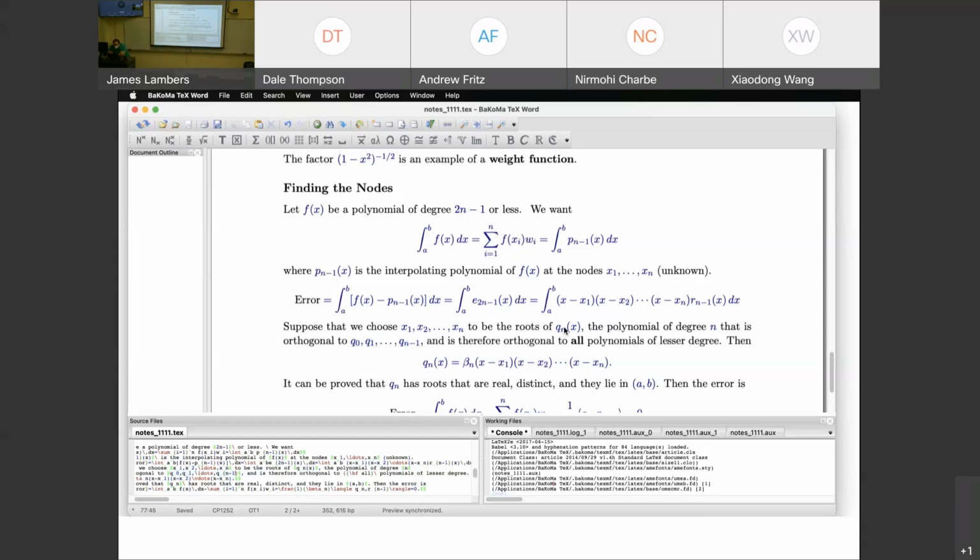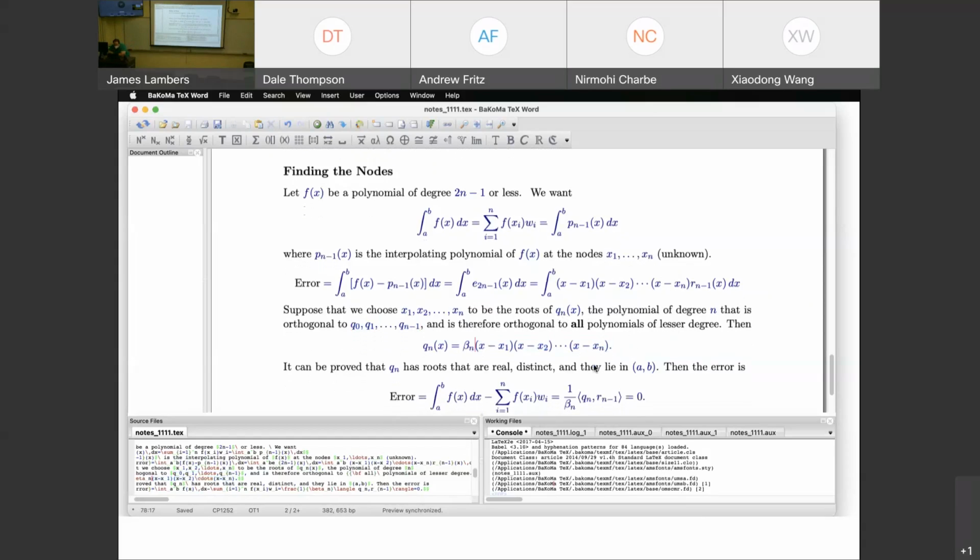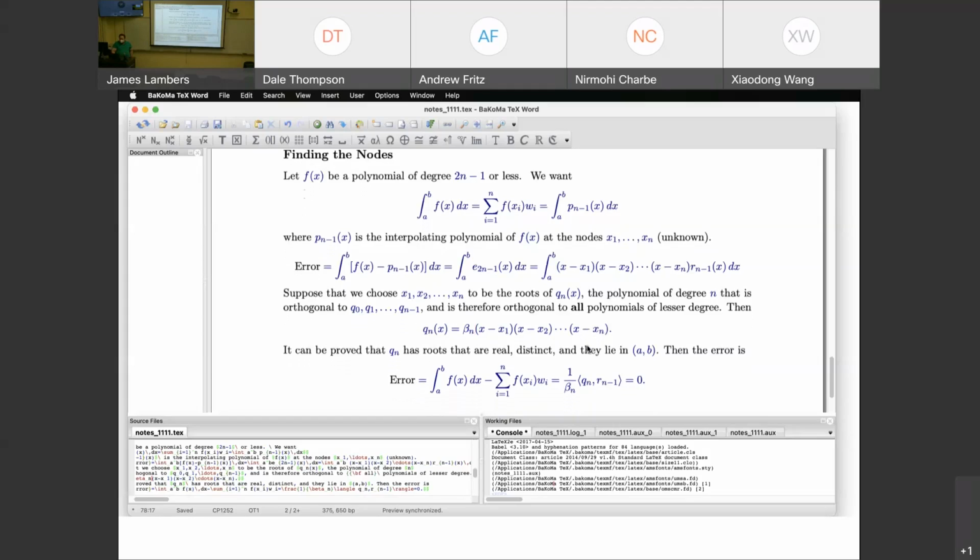Now, because Qn has these points as roots, I know it has this form. It's some scaling constant times these factors. Now, what's interesting is, and unfortunately I don't have time to go into it today, but it can be proved, and these are actually problems in the book that I did not assign, that the roots of these orthogonal polynomials are real, they are distinct, and they fall within the interval AB.